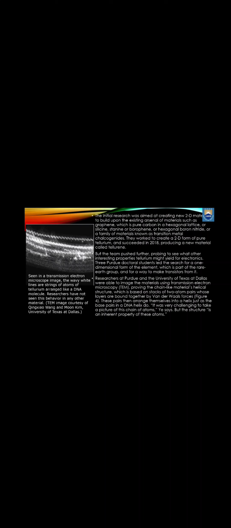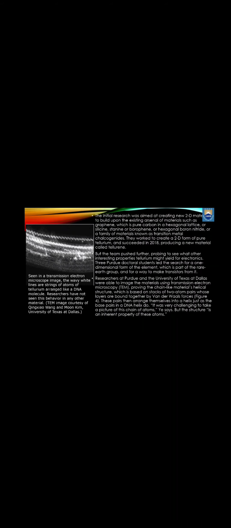They worked to create a two-dimensional form of pure tellurium and succeeded in 2018, producing a new material called tellurene. But the team pursued further probing to see what other interesting properties tellurium might yield for electronics.